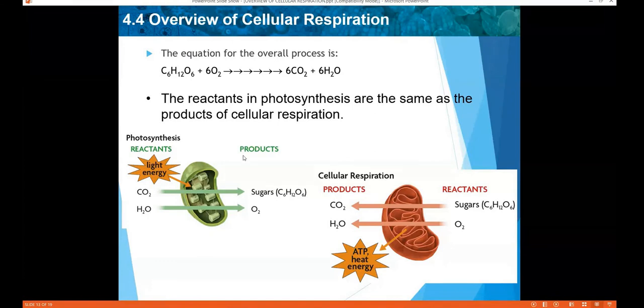In photosynthesis, light energy is used, and in cellular respiration, ATP is released, which is used by humans and animals for their daily activities. The reactants in photosynthesis are the same as the products of cellular respiration. You can see this by comparing these two processes in this picture.